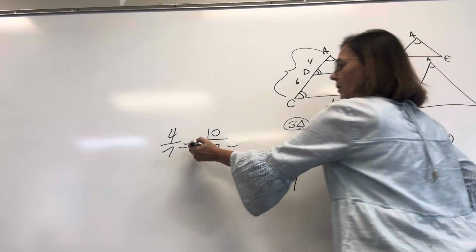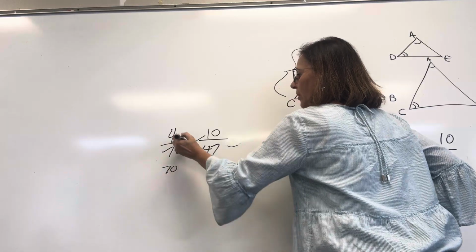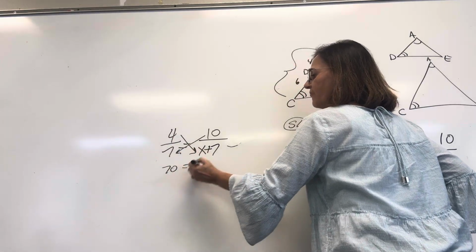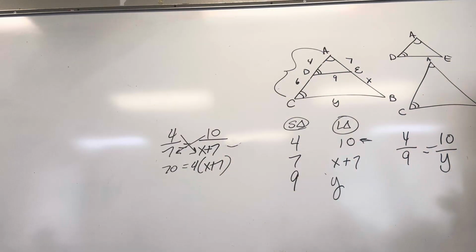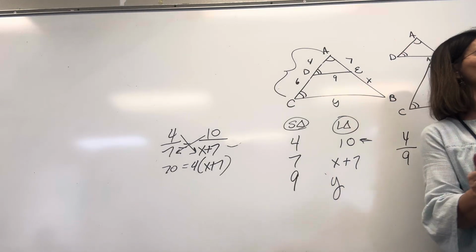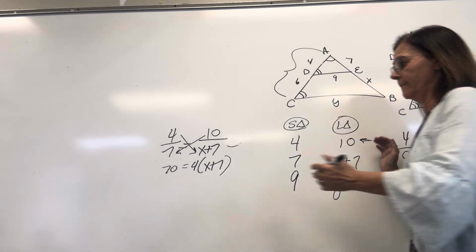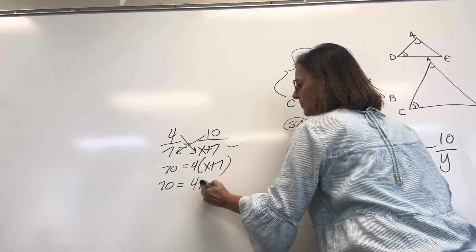Now, when I distribute this way, it's 4 times x plus 7. It's 4 times the entirety of that denominator. So that 4 has to be distributed to both of those terms. So I have 70 equals 4x plus 28.